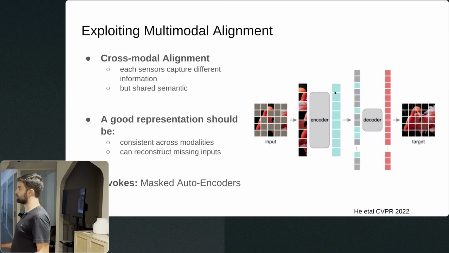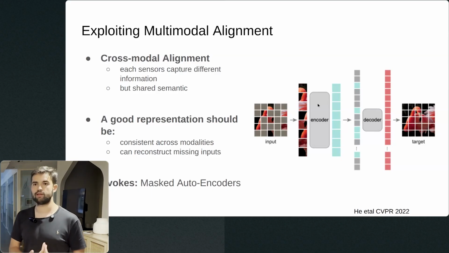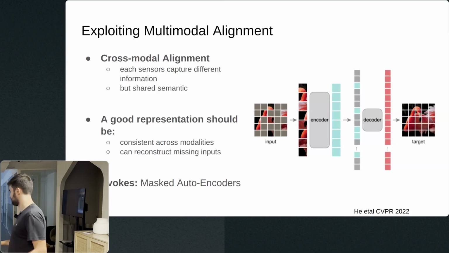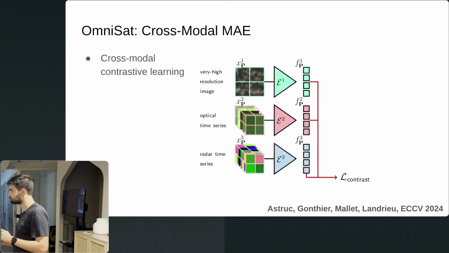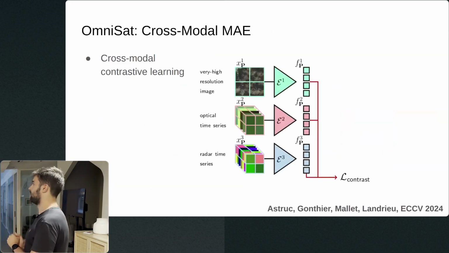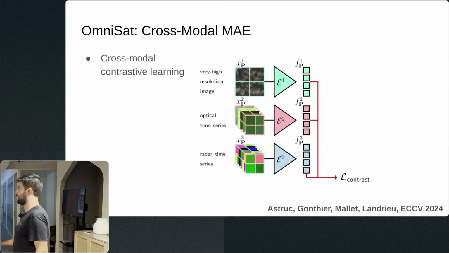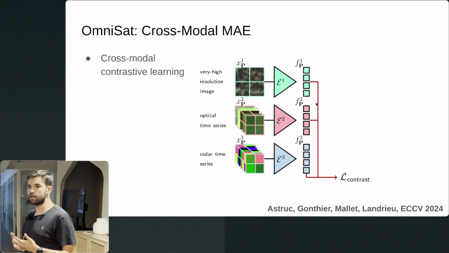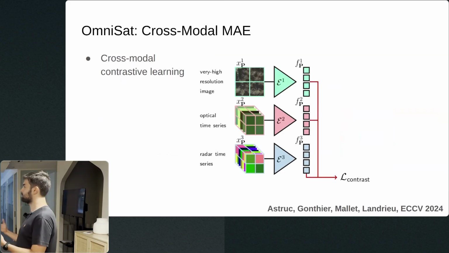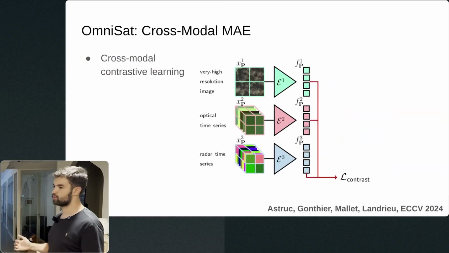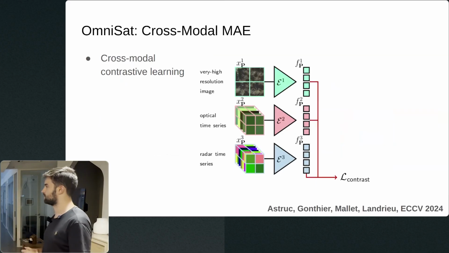In doing so, the model is going to learn good representations that are going to be useful for a lot of downstream tasks. So we developed a cross-modal MAE. Given three different modalities, we're going to just encode each one of them, and we are going to align them, meaning that each part of the image should be close to the different corresponding images.